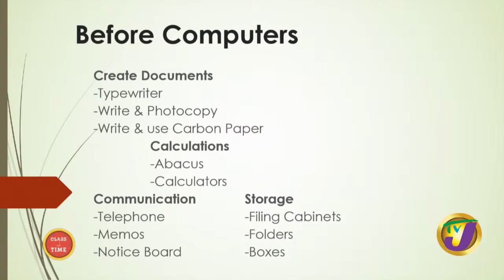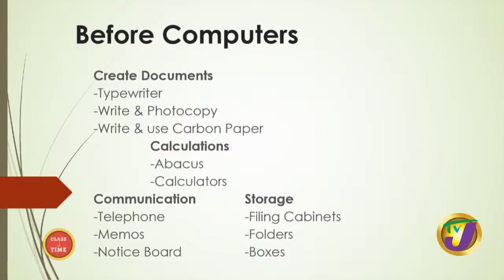Before computers were introduced to businesses, however, in order to create documents, we would use what we call the typewriter. Now, to get a duplicate of a document when we used a manual typewriter, you would have to type the document and then photocopy it.